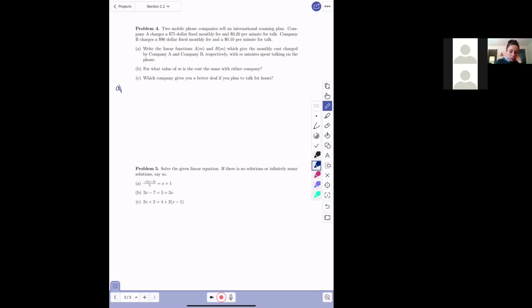Okay, so write the linear functions A of M and B of M. So what these values are telling us here is, for company A, this $75 fixed monthly fee, you pay no matter how much you talk on your phone. So that's actually your y-intercept.